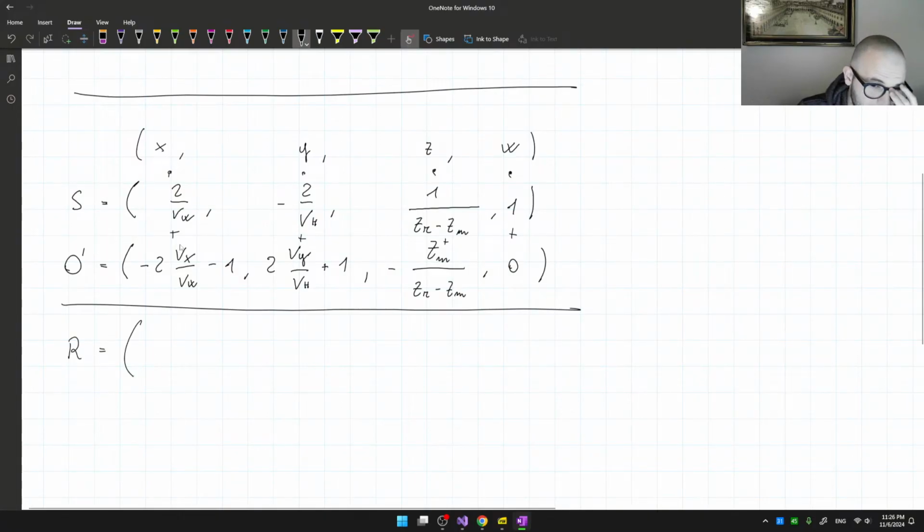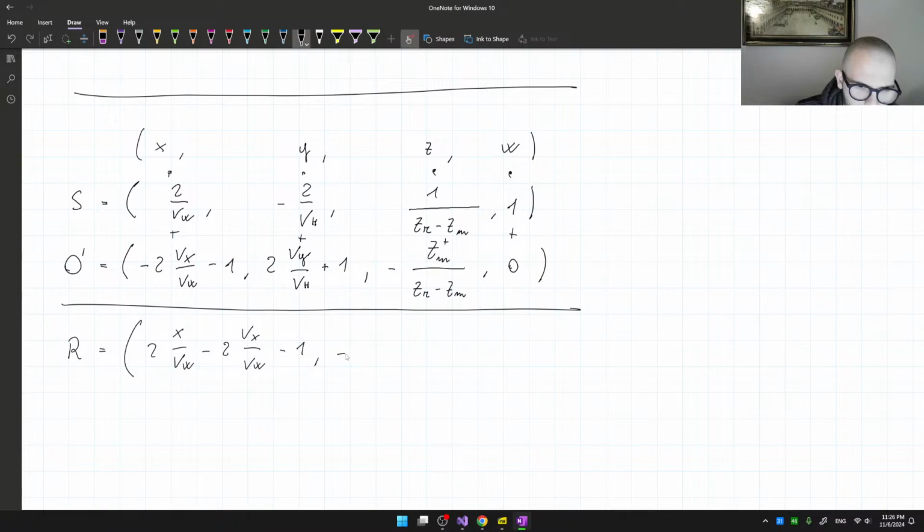this is 2x divided by view width minus 2 vx divided by view width minus 1.